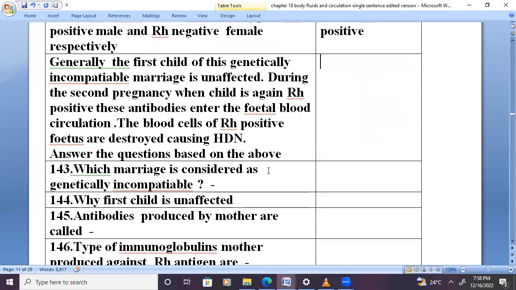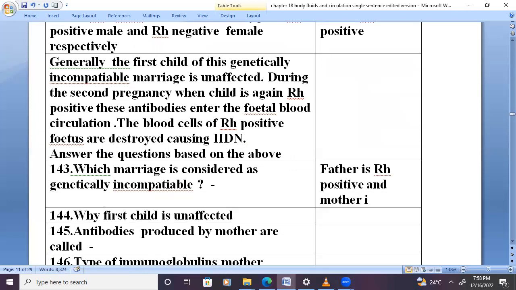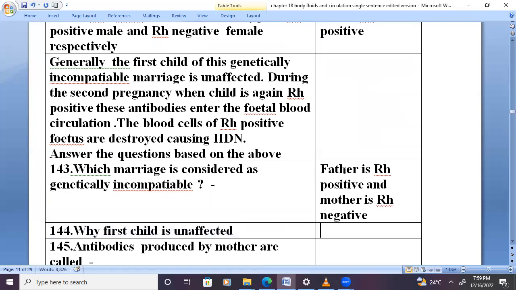Answer the questions based on the above. Which marriage is considered genetically incompatible? Father is Rh positive and mother is Rh negative. In this case, it is the incompatible marriage.